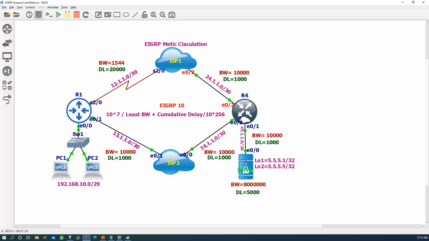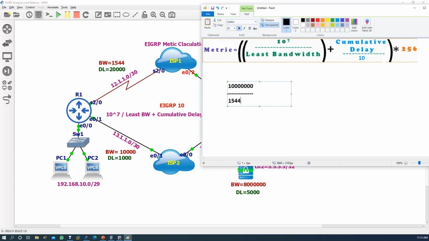Now plus cumulative delay. Cumulative delay means from source to destination all delay. So 20,000, 1,000, 21, 22 and 5, 27,000 divided by 10. Have you seen?